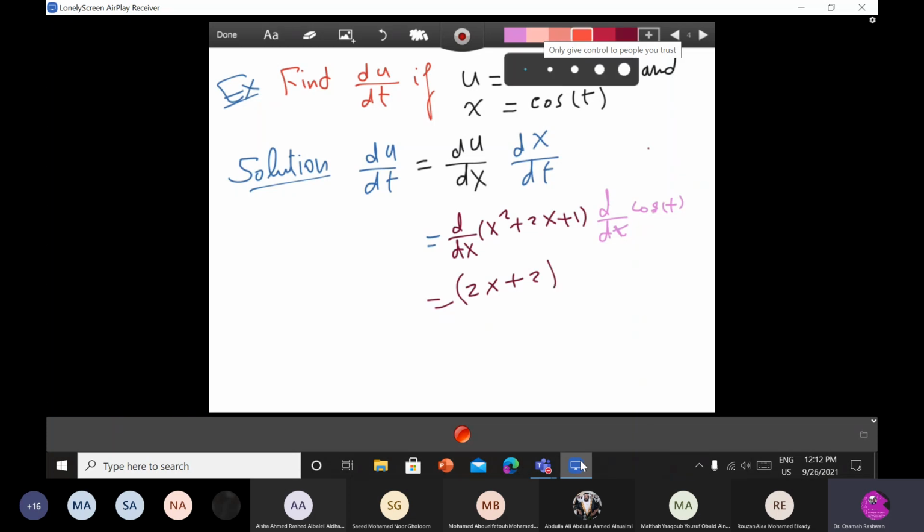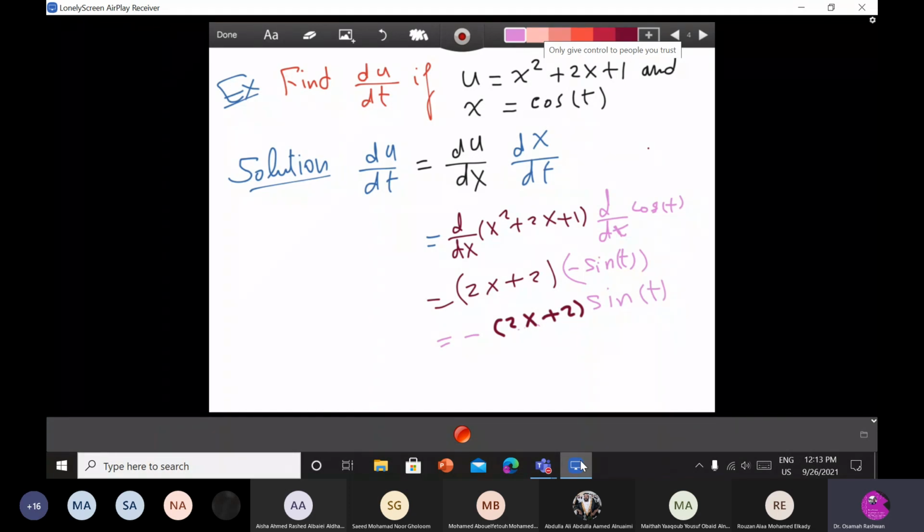What is the derivative of cosine t? Minus sine t. Be very careful with the minus, so put the bracket. Now you can write the minus in the front, sine t, or it is better to write 2x plus 2 first, and then you write your sine t. This is how to use the chain rule. Okay.